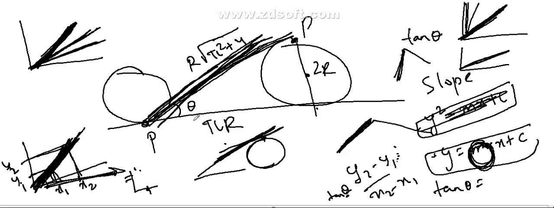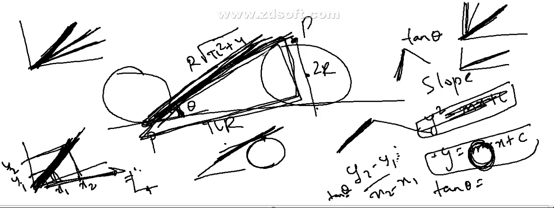Theta is the angle it makes with the ground. This is basically a right angle triangle, and this is the hypotenuse. The value of tan theta is perpendicular by base.